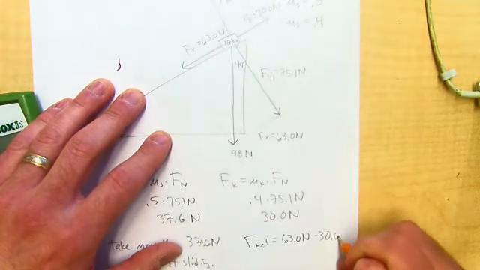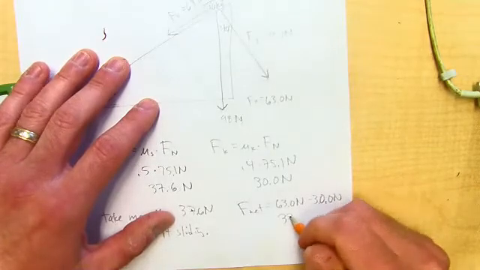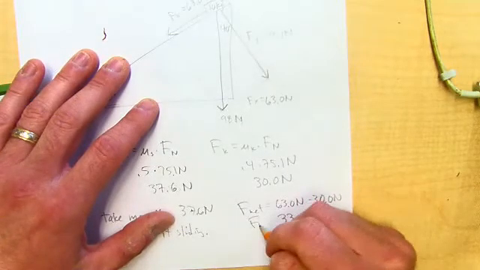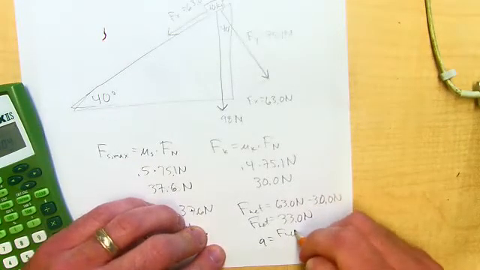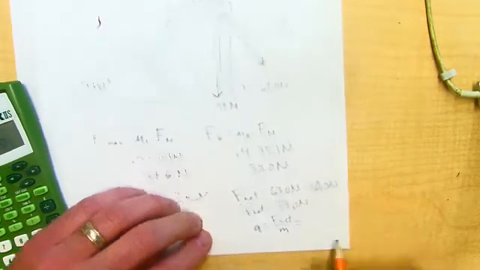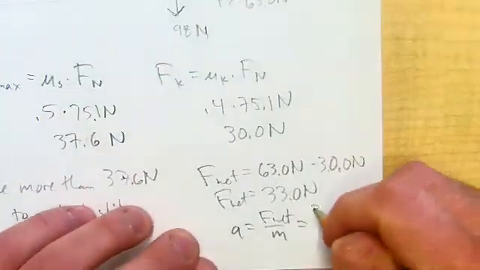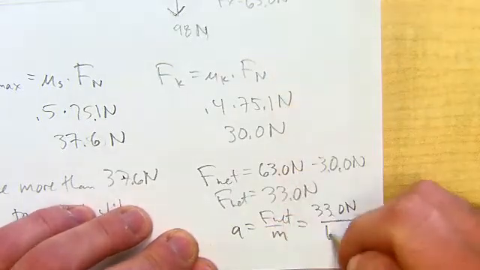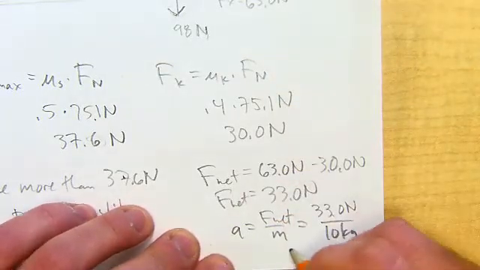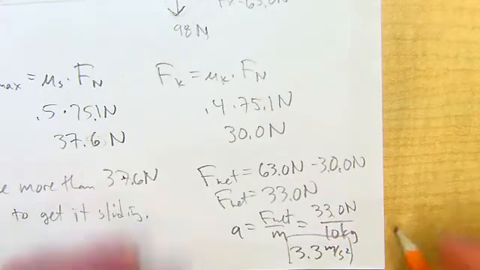That's easy. 63 minus 30 is 33.0 newtons. And then your a is just going to be your F net over m again, like we did before. So I'm getting 33 newtons divided by 10 kilograms. It's only going to accelerate at 3.3 meters per second squared.